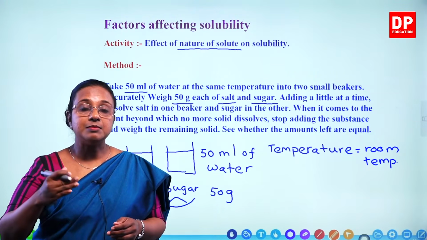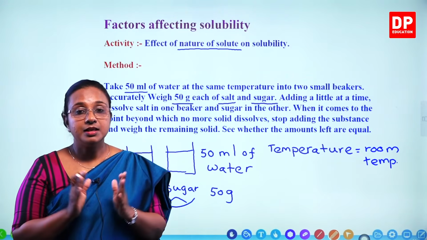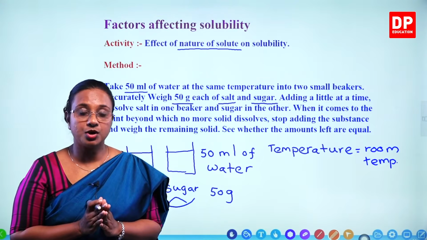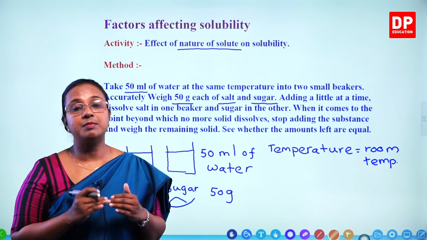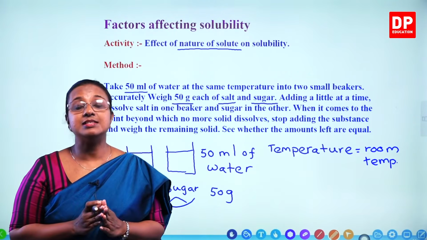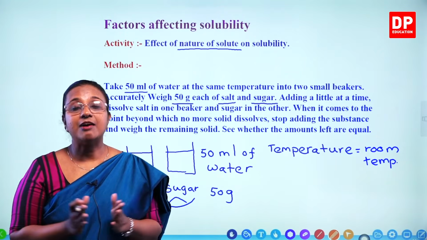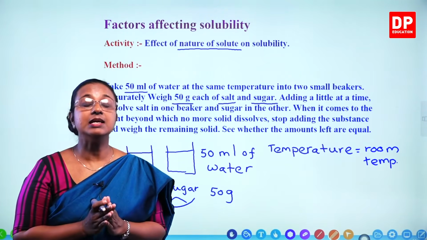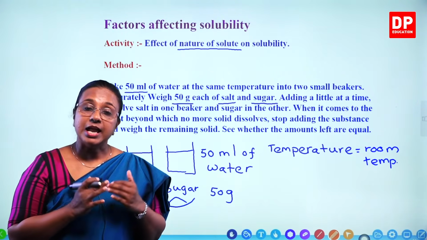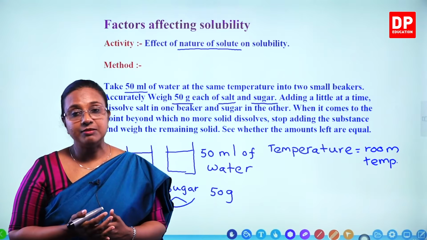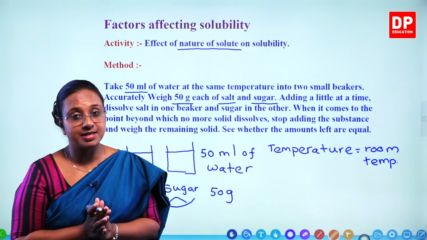We add them little by little separately and see the amount that can dissolve. We have to do this until a small amount of solid remains in the solution. And thereafter we weigh the remaining solute, that is salt and sugar. We can do that in a quantitative manner, where we weigh and compare the results.